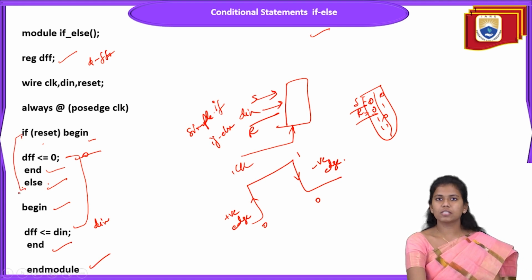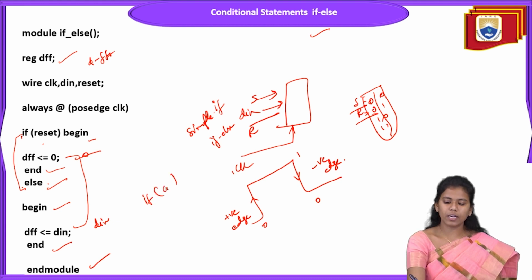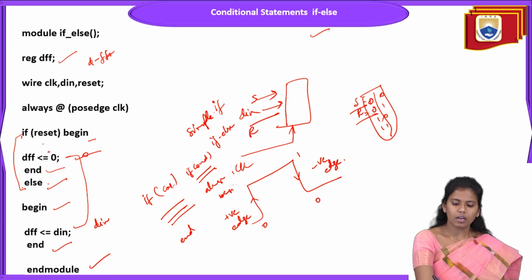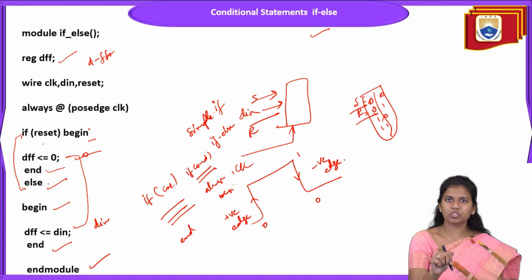When you come across a simple if, you will find only an if followed by the condition, the statement and the ending. If you come across if else statements, then the if condition is followed with always at the rate, and we need to begin. Why? Because here I have two conditions to follow.